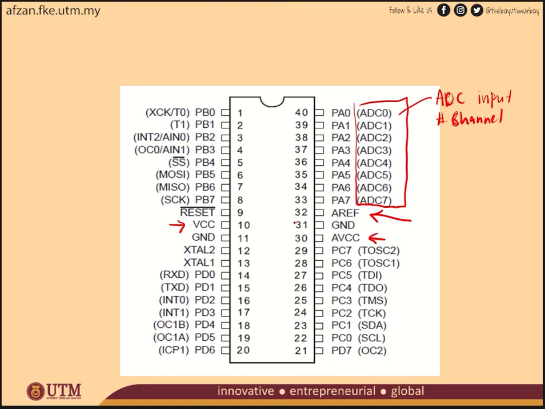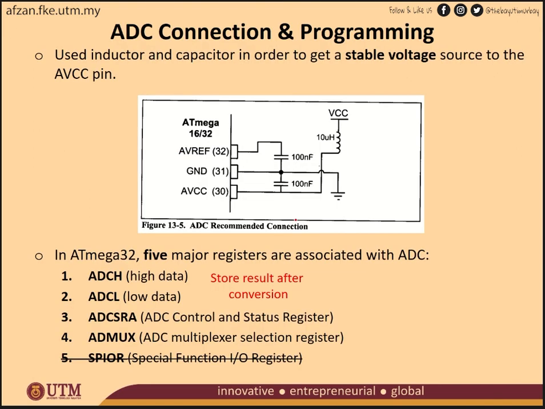Okay, so this is how you're going to connect your ADC in order to have a stable voltage source. So this is your pin 30, 31, and 32, which are AVCC, ground, and AREF. So make sure that you connect to these circuits here, which consist of inductor and capacitor, so that you can have a stable voltage source.